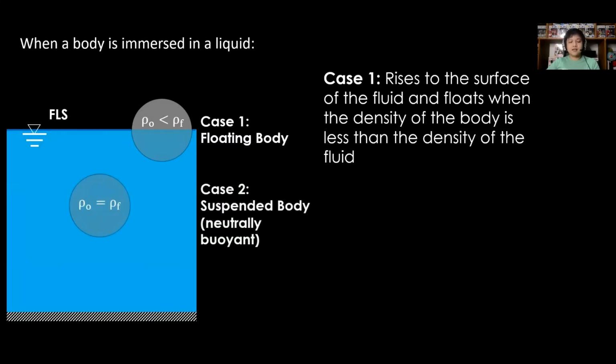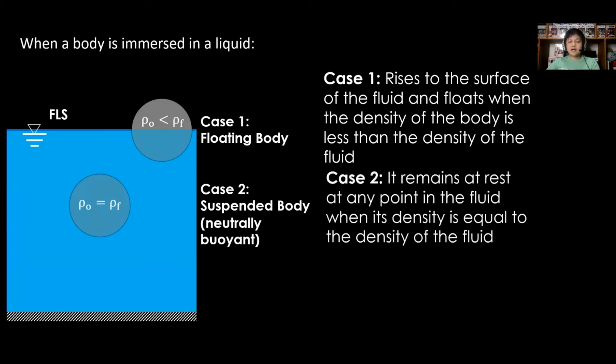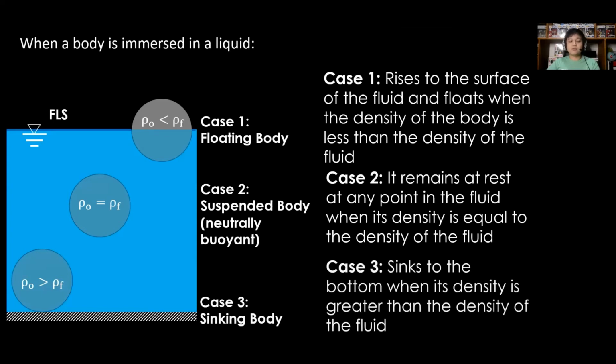Second case, the suspended body, or that is neutrally buoyant. The body remains at rest at any point in the fluid when its density is equal to the density of the fluid. And for the third case, that is the sinking body, the body sinks to the bottom when its density is greater than the density of the fluid.